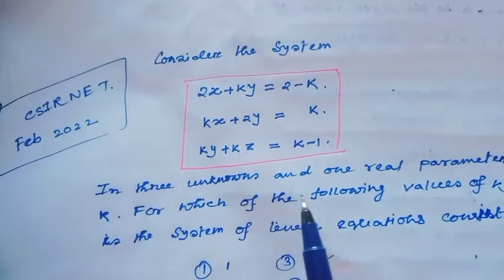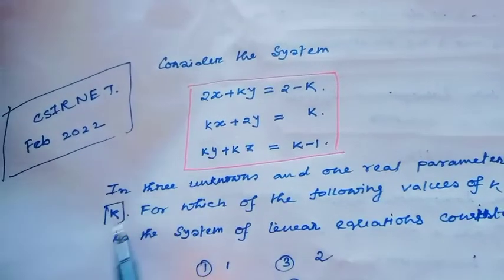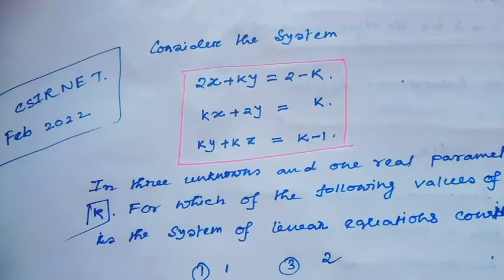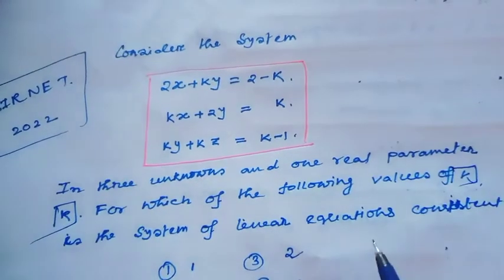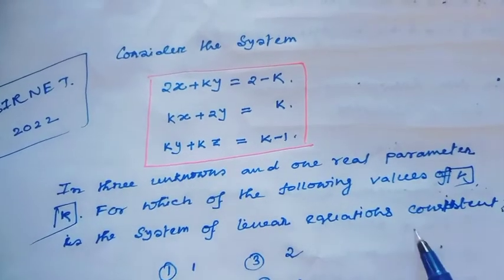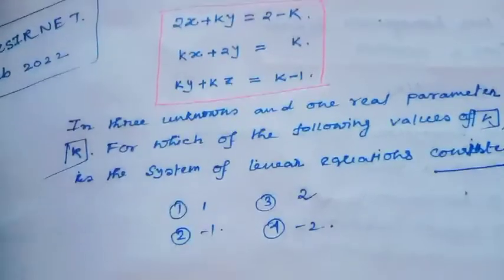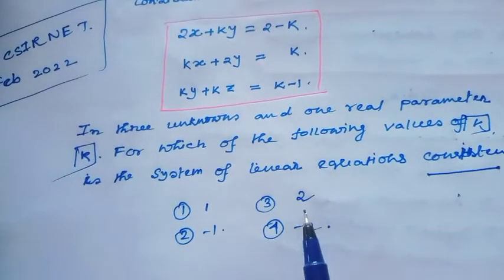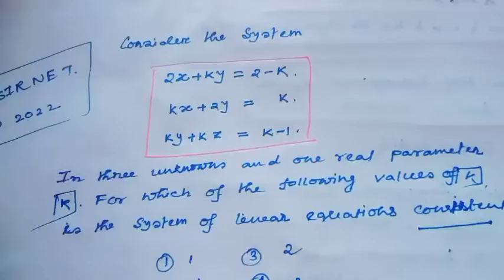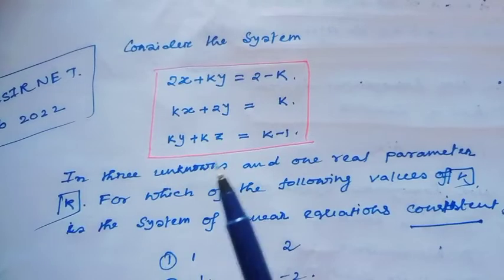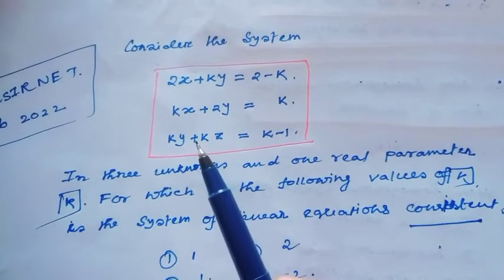Here there are 3 unknowns and 1 real parameter k. The question is, for which value of k is the system of linear equations consistent? Option 1, 1. Option 2, minus 1. Option 3, 2. Option 4, minus 2. Here we have to check for which value of k the system of linear equations is consistent.